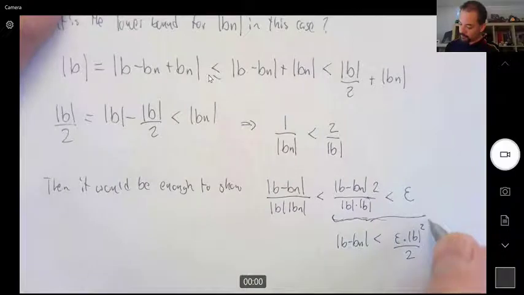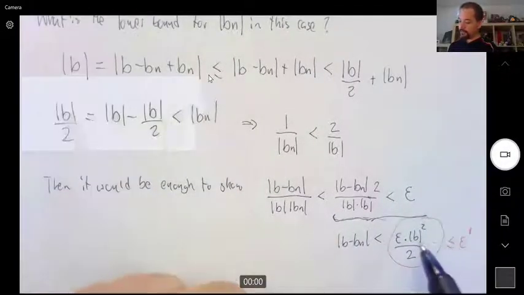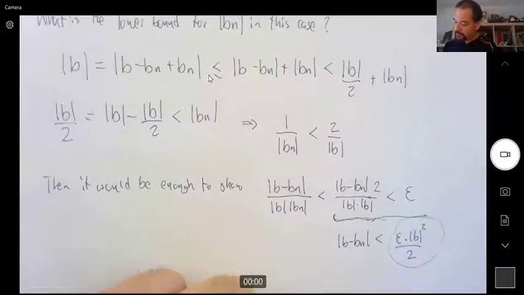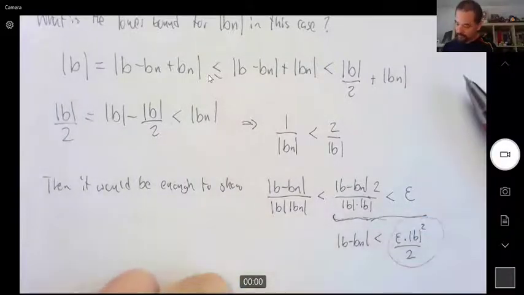So this quantity over here should be less than or equal to our epsilon prime, right? So then our epsilon prime should be, sorry, I wrote it the incorrect way. So we need to pick an epsilon prime that is even smaller than this, right? So pick epsilon prime smaller than this.